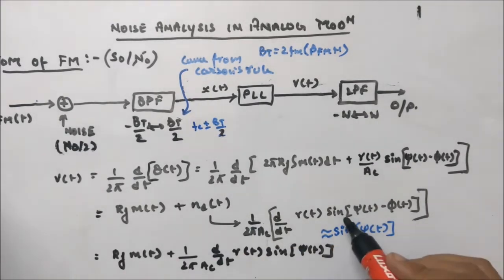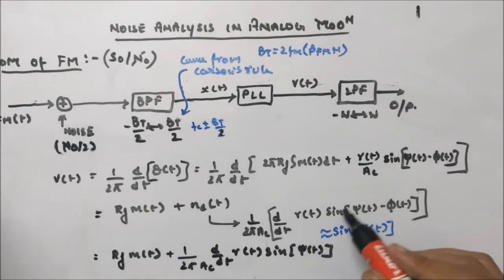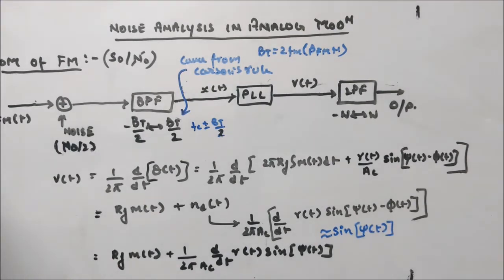This sine(psi(t) minus phi(t)) is approximately equal to sine psi(t), and in this case you will get the term like this. So if you see, this R(t) sine psi(t) is your n_Q(t), the quadrature component of n(t). Okay, so now we will move on with this approximation, and I'll give you the source as well.